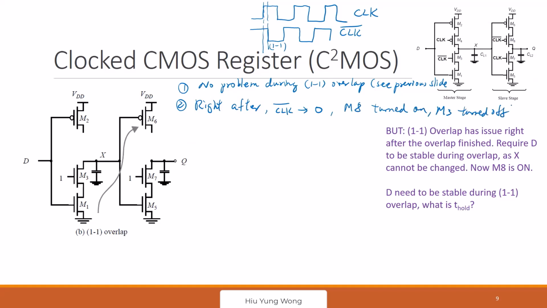Okay, so that is what happened, right? Right after the clock, this is M8. This is 2. Right after that, this is off. Okay? So it looks okay, right?